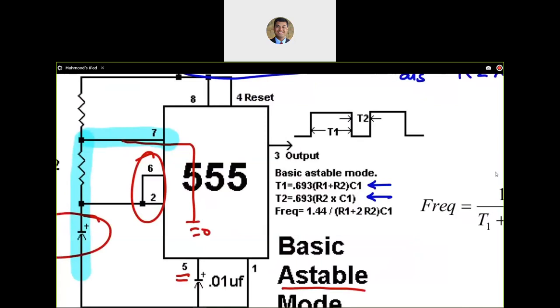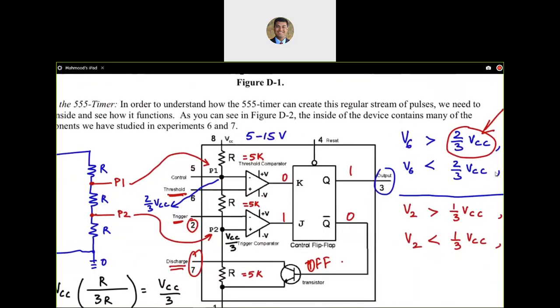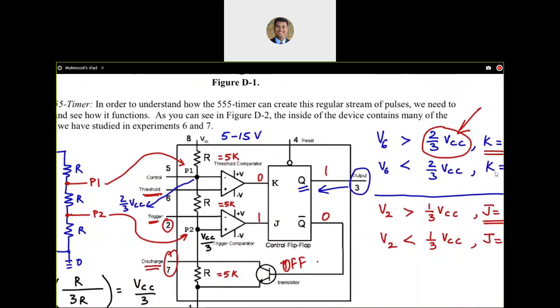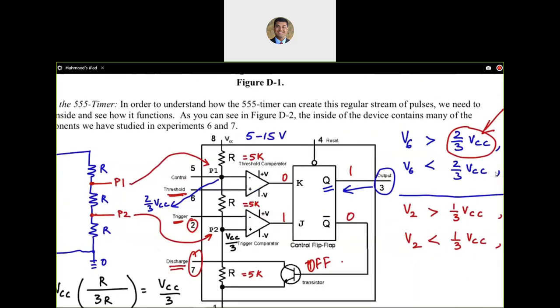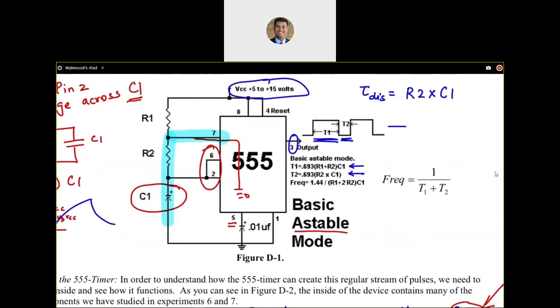So that's your on time and off time, T1 and T2. And this is of pin 3. Where is pin 3? Pin 3 is essentially the output Q. Right? So as you are doing that comparison, J and K will make Q either a 0 or a 1.